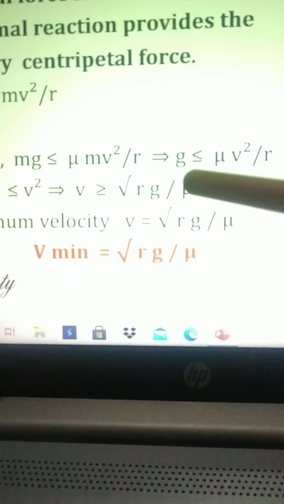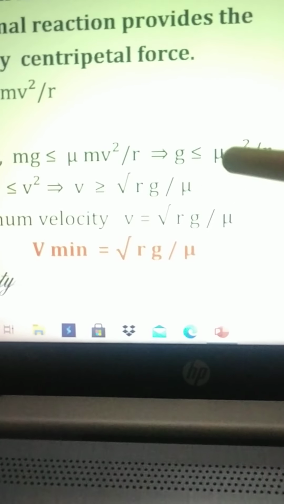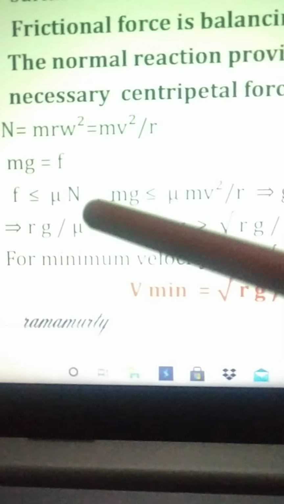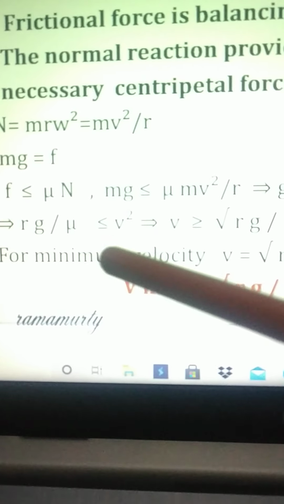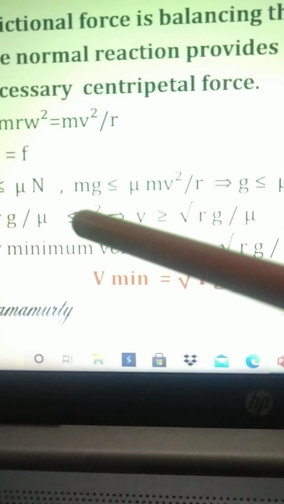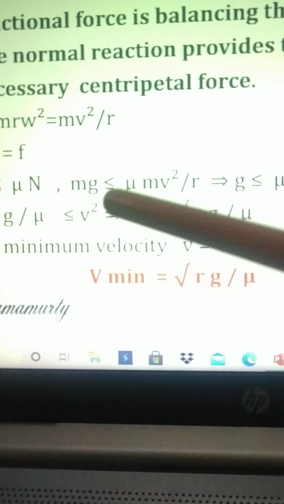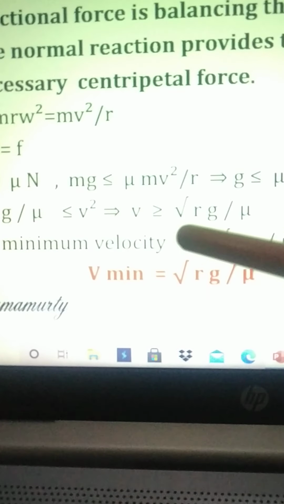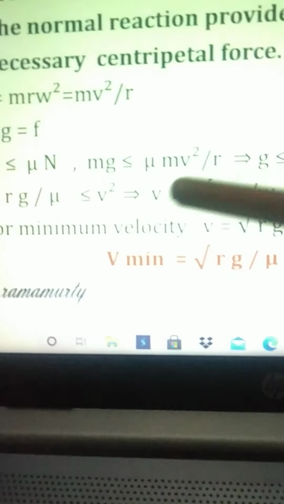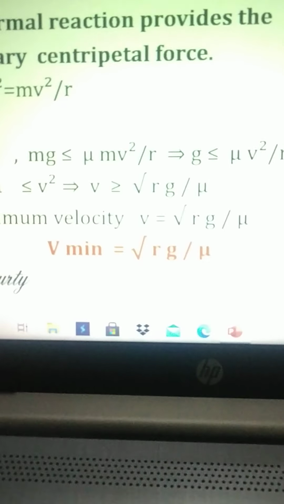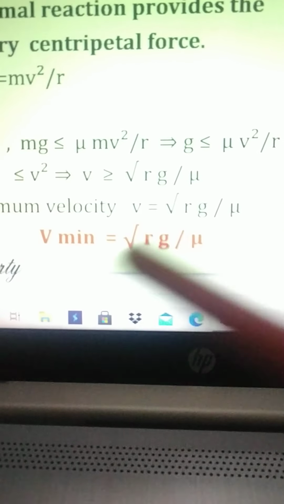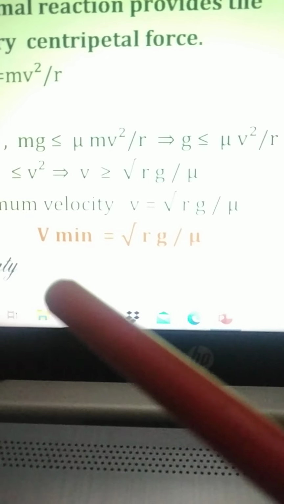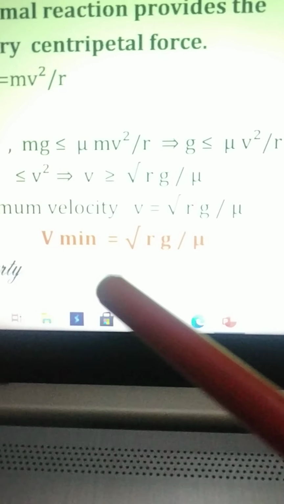So g is less than or equal to mu v squared upon r. So rg upon mu is less than or equal to v squared, and v is greater than or equal to root of rg upon mu. So the minimum safe speed for the car is exactly equal to root of rg upon mu.